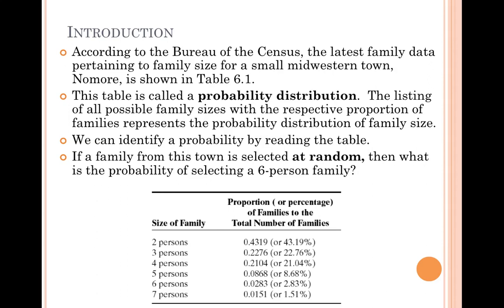Well, if you look at the proportion of families in this town that have 6 people, which is 0.0283 or 2.83%, then the answer to this question is just that, 2.83%. The chance of you selecting a family at random that has 6 people is 2.83%.